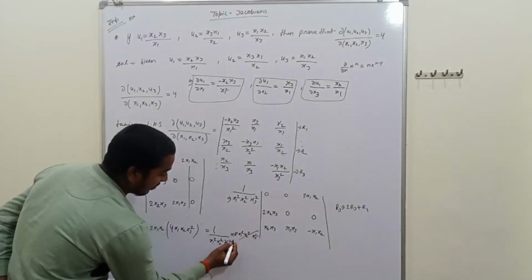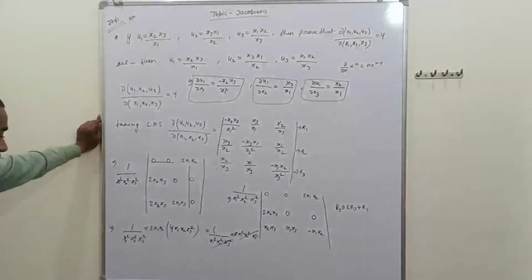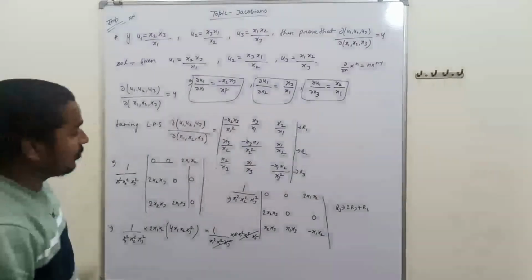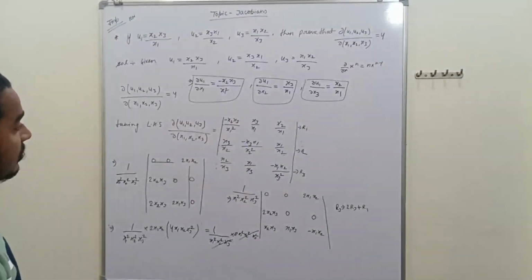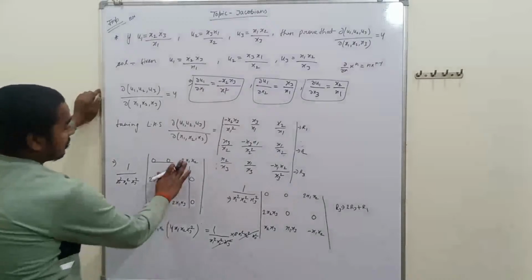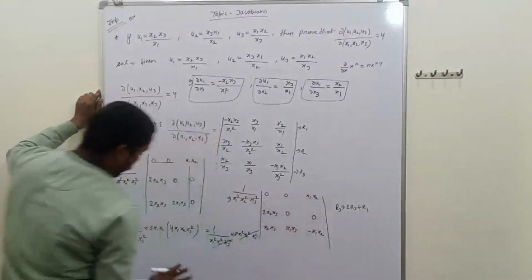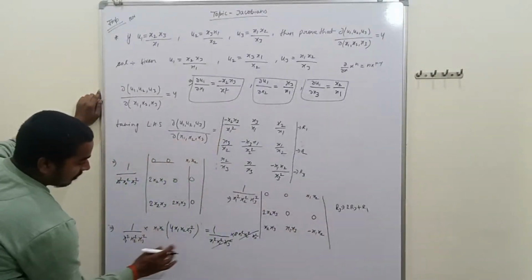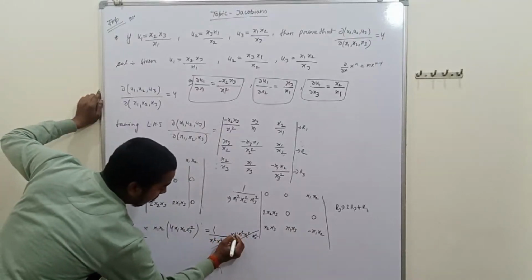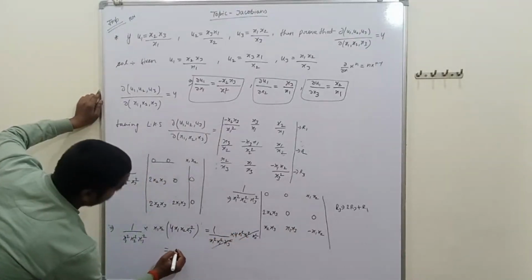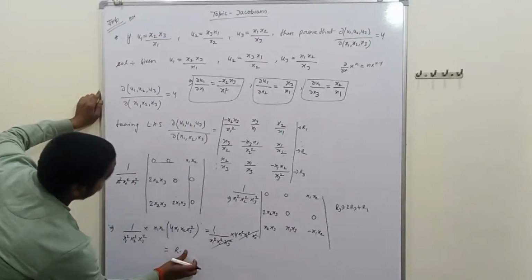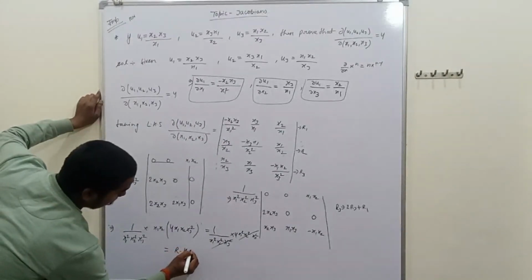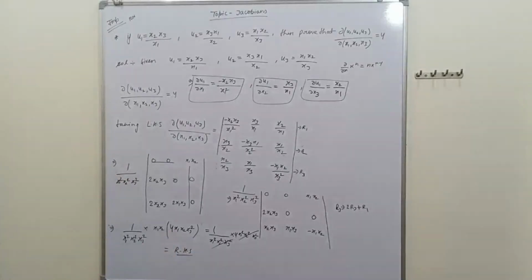This is eliminated and the remaining is 8. The 2 in some operation was a mistake. The 2 is coming from the r2 operation. Here the 2 is not changed. Then we have to get 4, which is equal to the RHS. This is the required solution of the given problem.